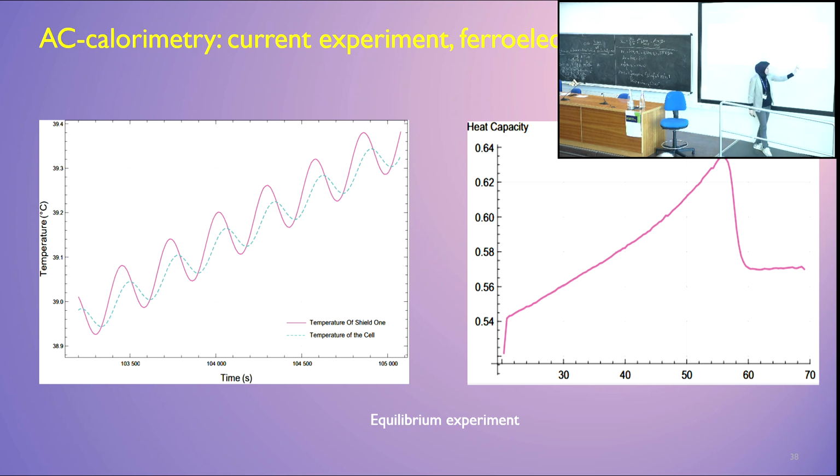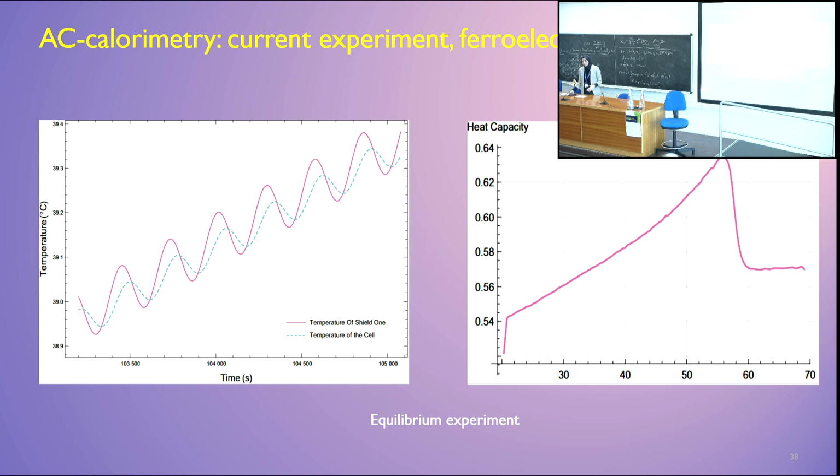You see that at 57 degrees, a phase transition is happening. It's a critical point for TGS. So the heat capacity peak goes up and comes down. But this is in equilibrium.